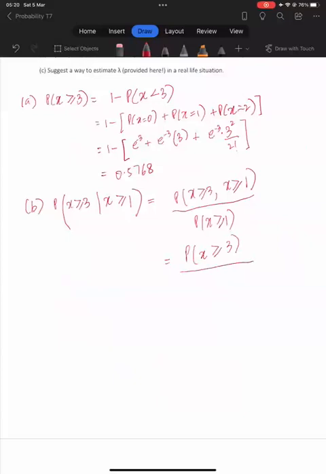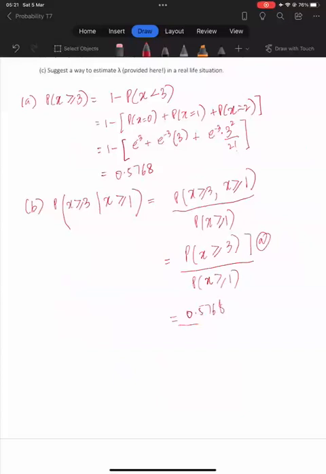So this just means that the probability of x greater than or equal to 3 includes the event that x is greater than or equal to 1. And then in the denominator again we have this. The numerator we already computed in part A, which is 0.5768.